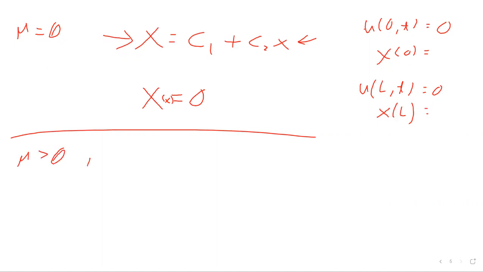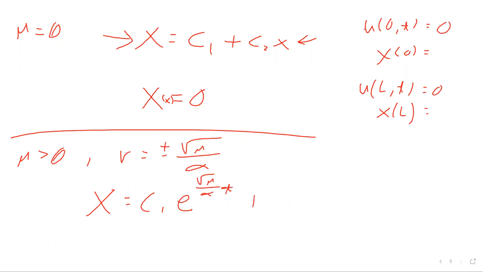If our mu is positive, then our r is plus or minus square root of mu over alpha. And our X equation, that one's minus.